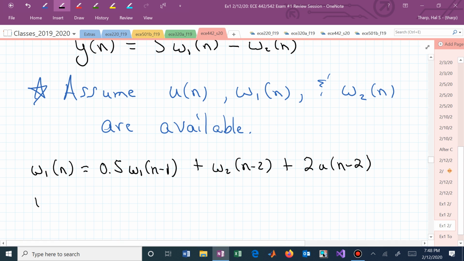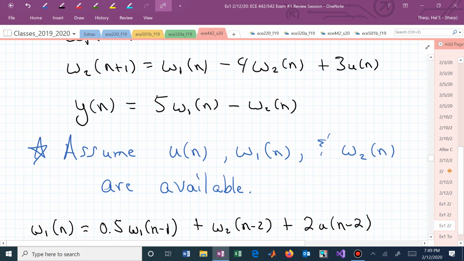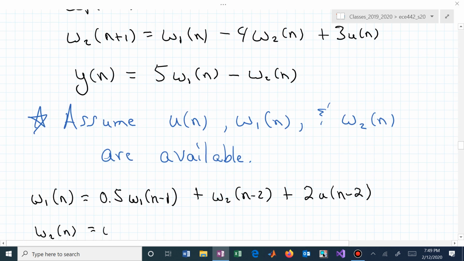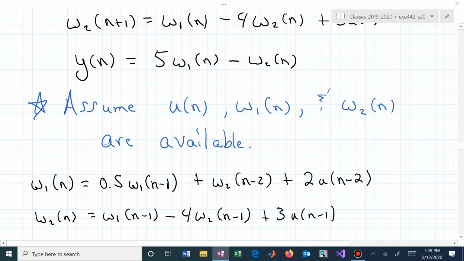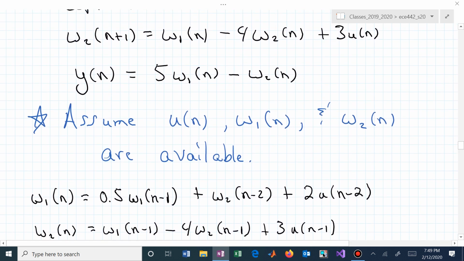I'm going to do something similar with W2 of n. W2 of n is now W1 of n minus 1 minus 4 W2 of n minus 1 plus 3 U of n minus 1. Everybody okay with what I've just done?